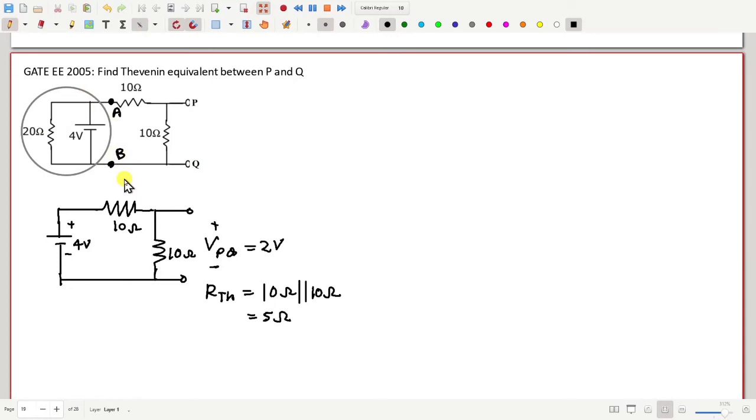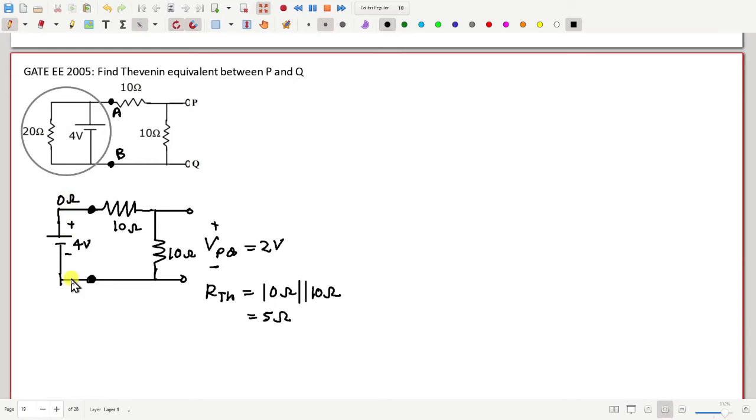How much is the Thevenin voltage between A and B? 4 volt. And how much is the Thevenin resistance between A and B? 0. So that's what we have drawn here, 4 volt in series with 0 ohm, right?